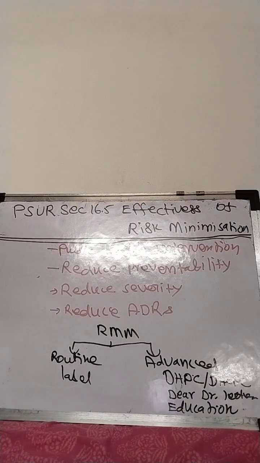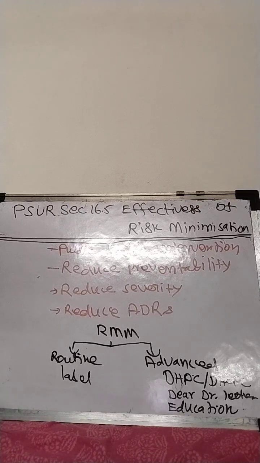In routine risk minimization measures they are updating the label, and they clearly say you should not take this medicine along with another medicine, and they clearly talk about any warning or precaution. Through the label they want to control the initial level of adverse drug reactions.